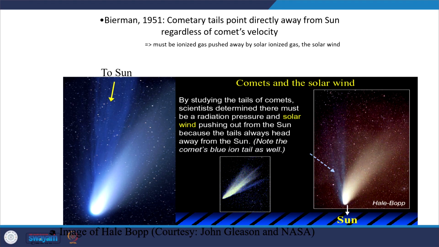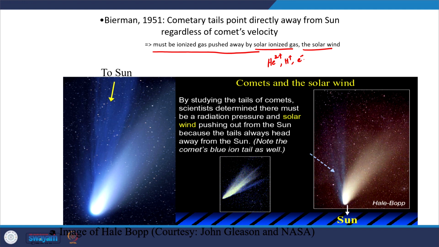Whether it was inward or outward, the tail seems to be pointing away from the sun. What should this be? This must be ionized gas pushed away by the ionized solar wind. So solar ionized gas means there can be He2+ or H+ or electrons, etc. These energetic particles are responsible for pushing the gas away from the sun.